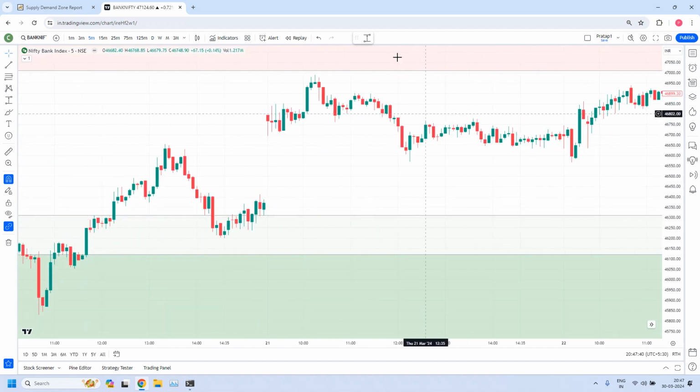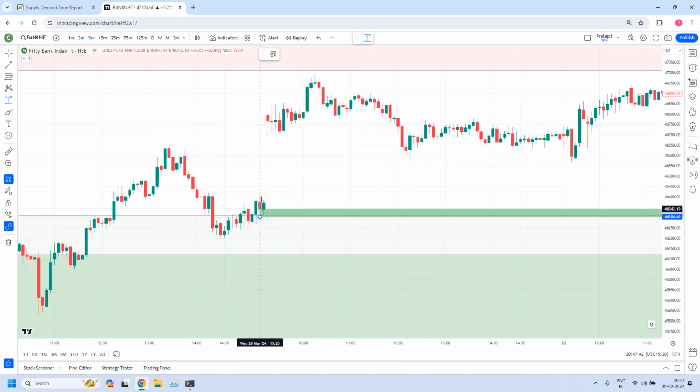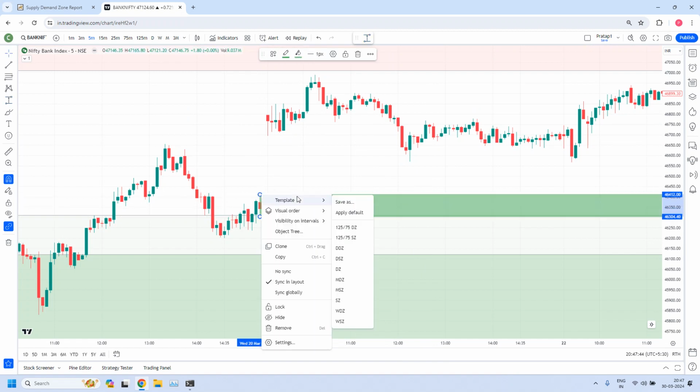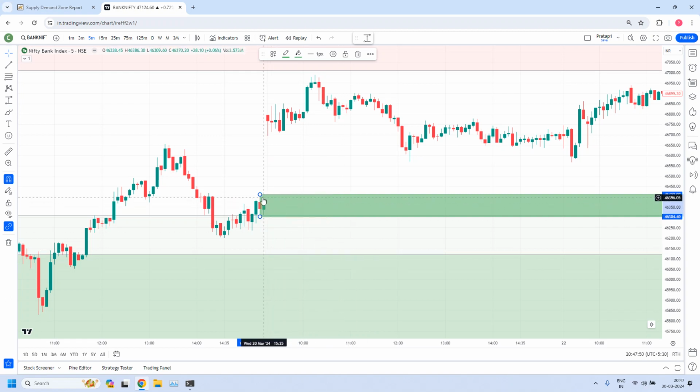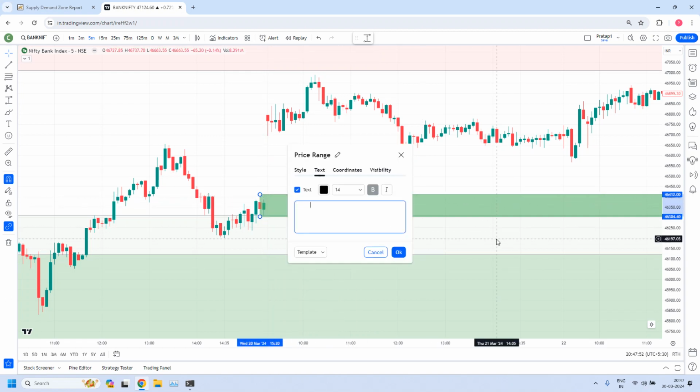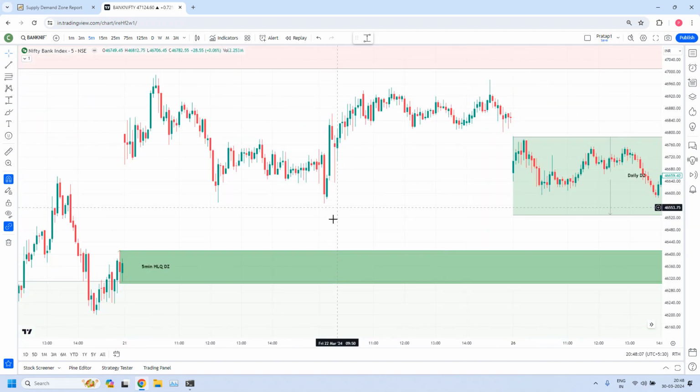This is the one, rally and 2 base candles. This is a 5 minutes high liquidity demand zone. This is the only one immediately available. Above this we don't have any high liquidity zones, but there is one more demand zone.